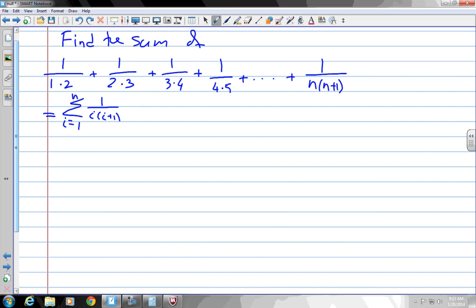So really, it just says find the sum, right? I don't even know, is there a special formula for that? Maybe there is a special formula.